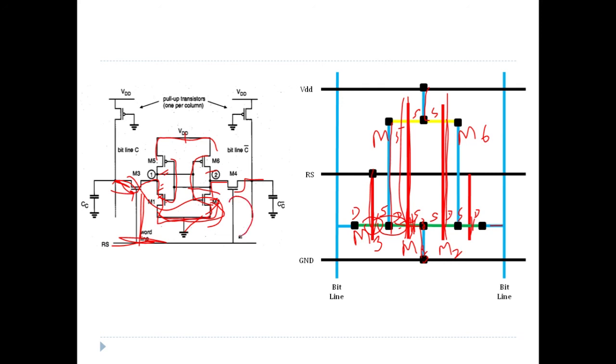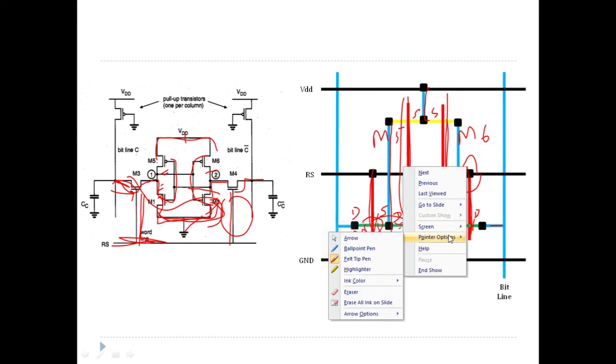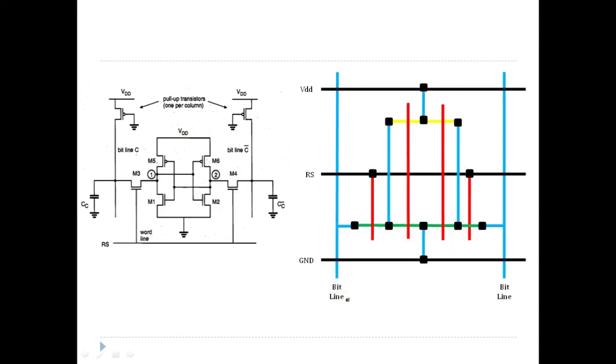Now we are left with this part, right? So we'll connect this to the RS. So you can see here there is a connection. We'll extend this to the row select line or word line, and we will get the entire stick diagram ready with us. So this is how a stick diagram would look like.